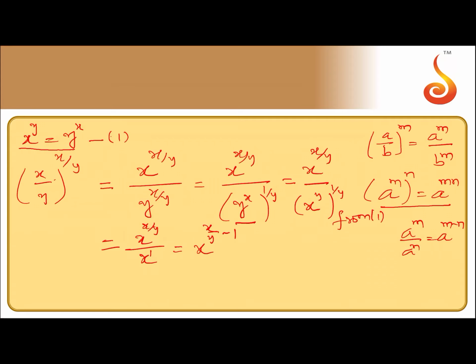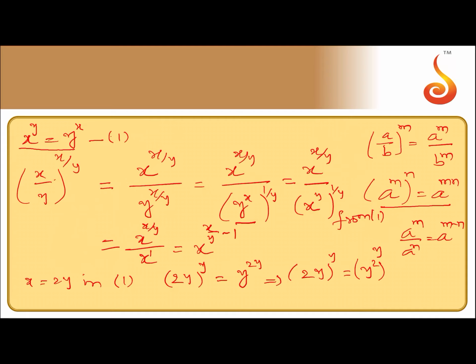If x equals 2y in condition 1, let me take it up: it is (2y) to the power of y is equal to y to the power of 2y, and this can be simplified as (2y) to the power of y is equal to (y square) to the power of y.